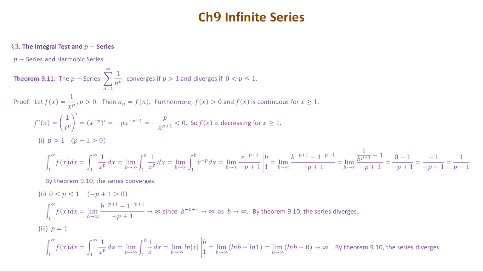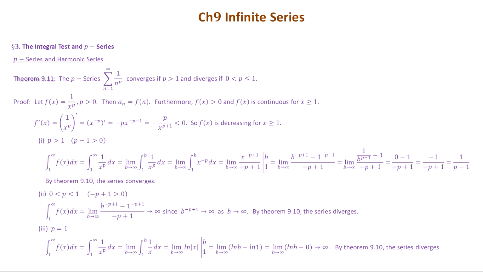All right, so because p is greater than 1, p minus 1 is greater than 0 in this case. When you take the limit with b approaching infinity, you get b to the p minus 1 also approaches infinity because p minus 1 is greater than 0.